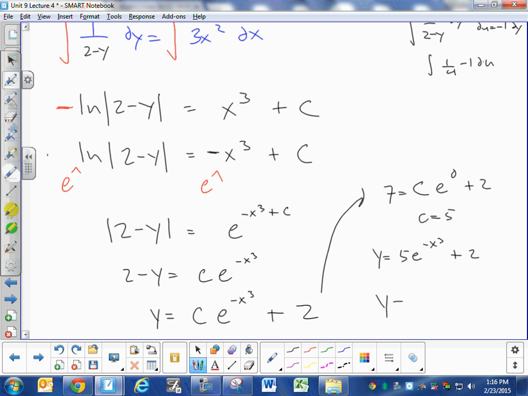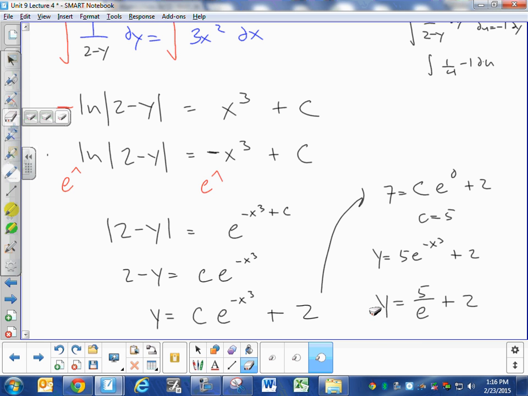Plug in 1, you get 5 times e to the negative first plus 2, which can be written as 5 over e plus 2. This is y of 1.